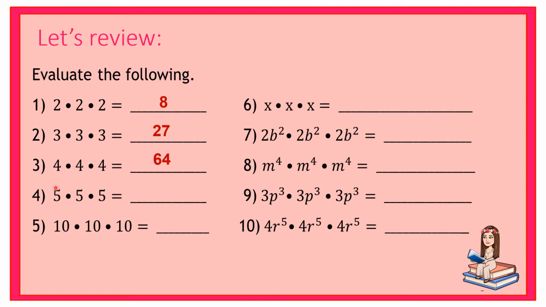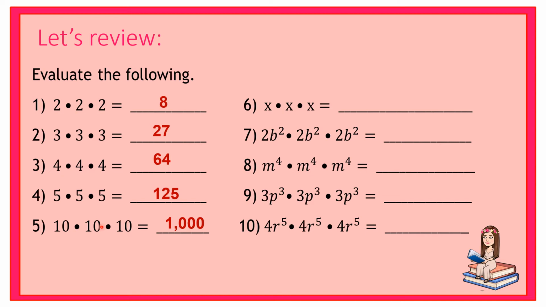Next, if we have 5 times 5 times 5, then that is 125. So, the cube root of 125 is 5. And then if we have 10 times 10 times 10, then that is 1,000. So, the cube root of 1,000 is 10.